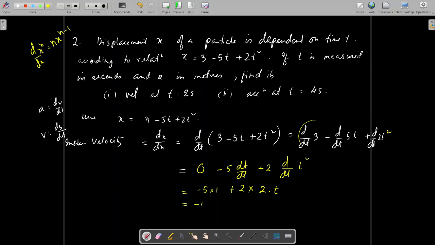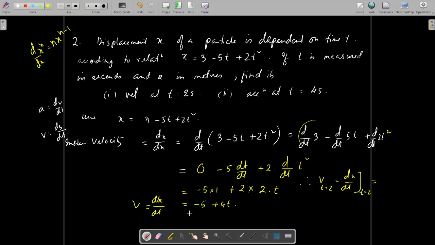So you get dx by dt, that is the velocity v, is equal to minus 5 plus 4t, but they have given you a time. Find the velocity when t is equal to 2 seconds. Okay, so velocity at t equal to 2, that is dx by dt at t equal to 2.